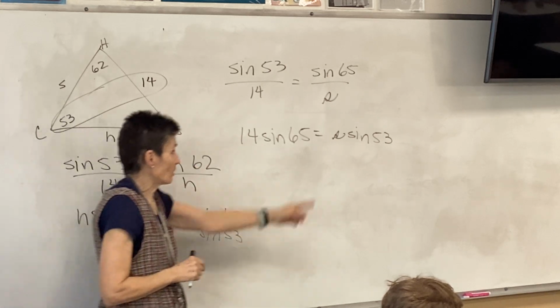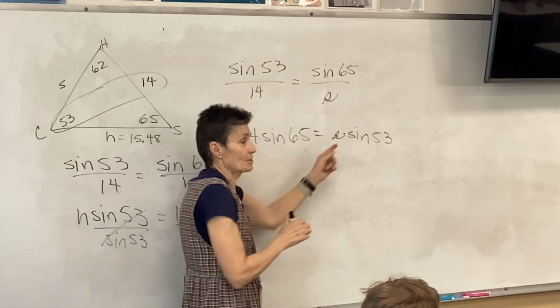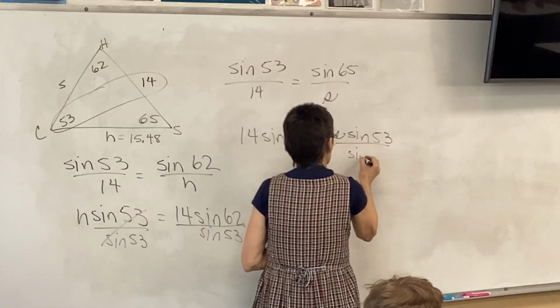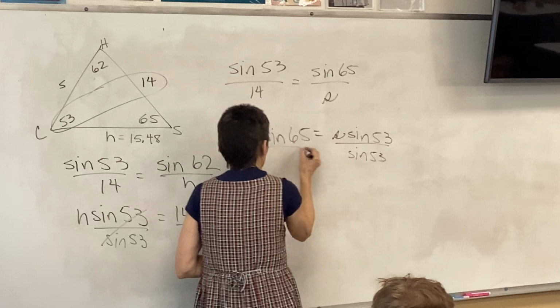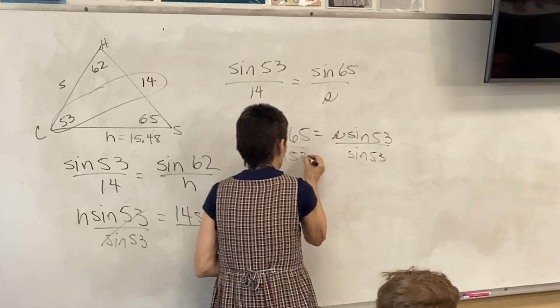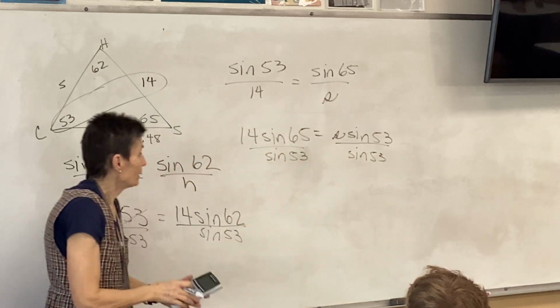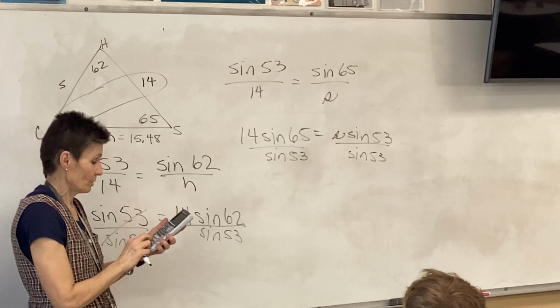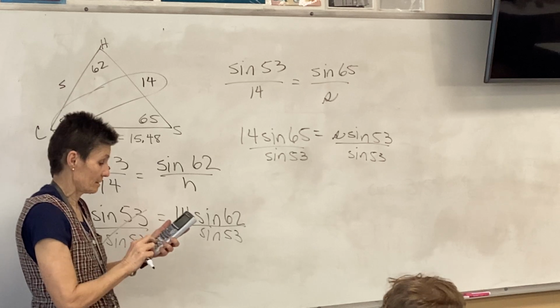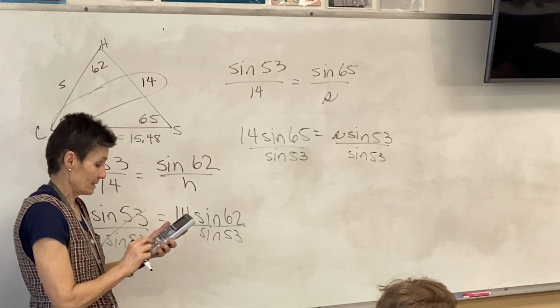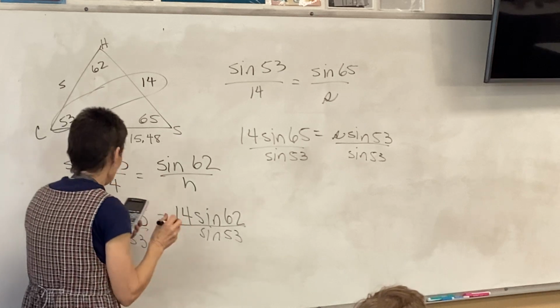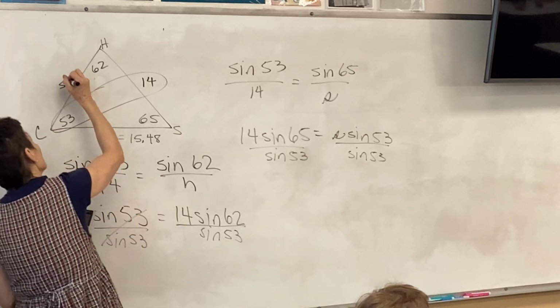And then we're trying to solve for S, so we'll divide by sine 53. And then I'll type it in. 14 sine 65. I got 15.89.